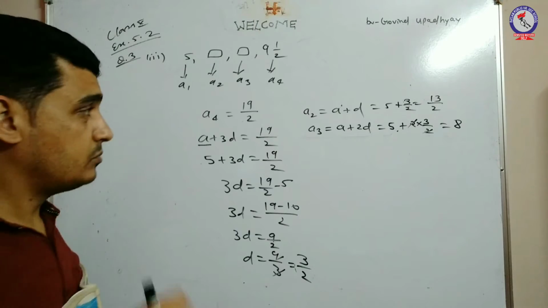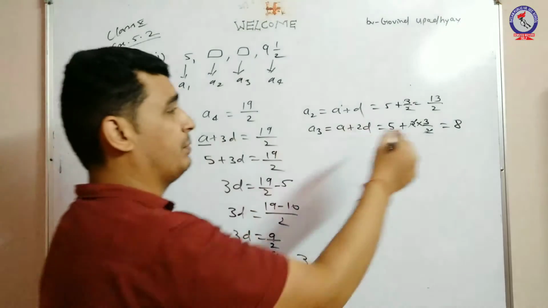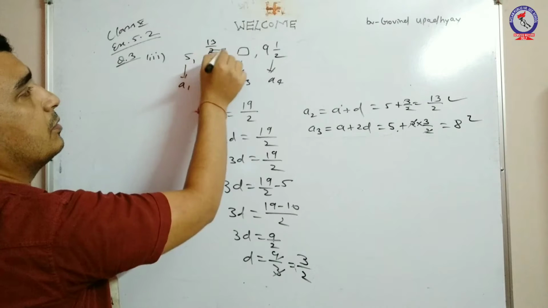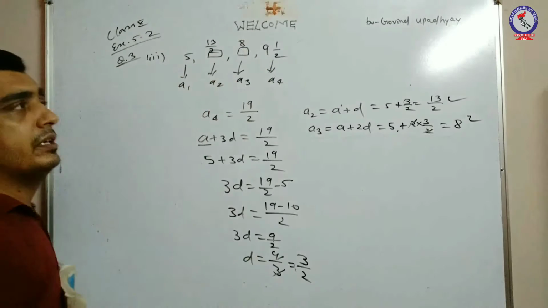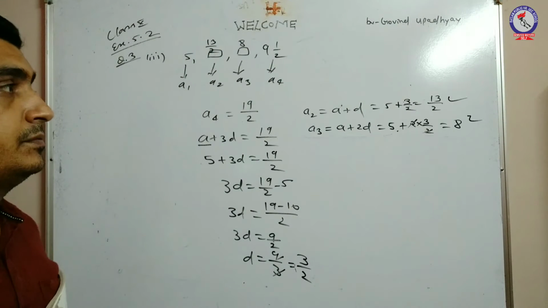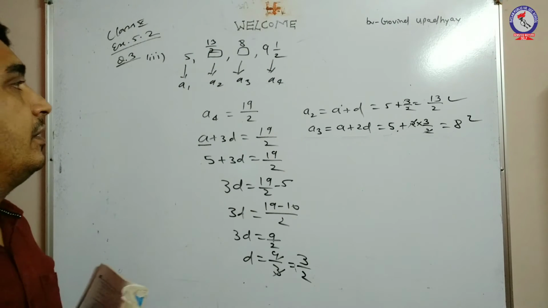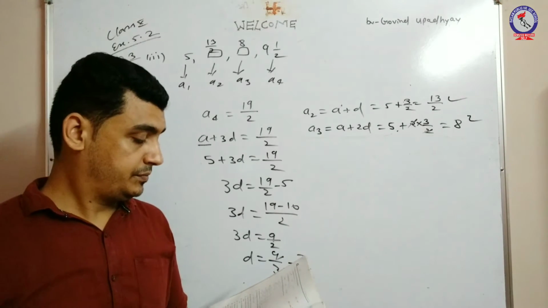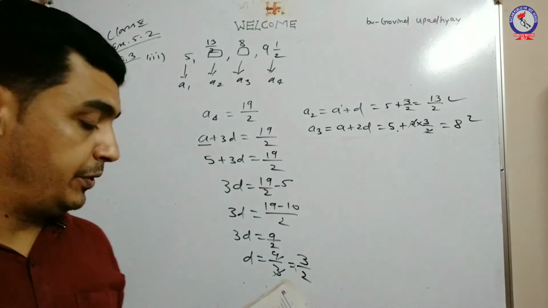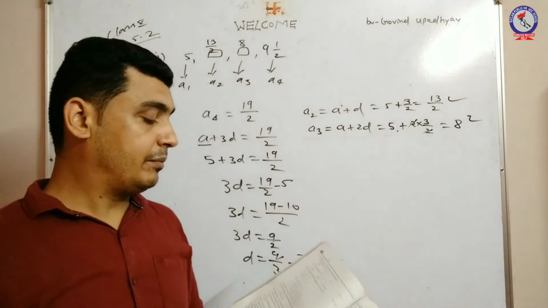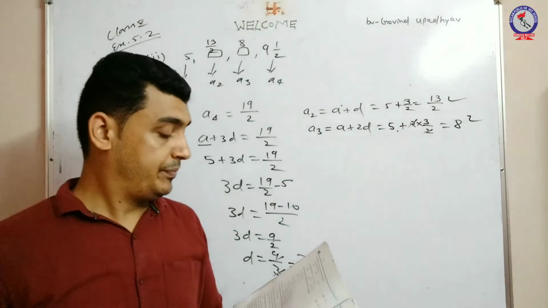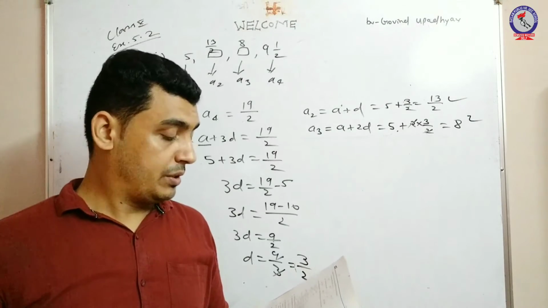So this will be A2 and this will be A3. So 13 by 2 and 8 will be the answer for you. Next is the fourth part; that will be homework for you. As we have completed question number 3, you can easily complete its fourth part. We'll continue with question number 5.